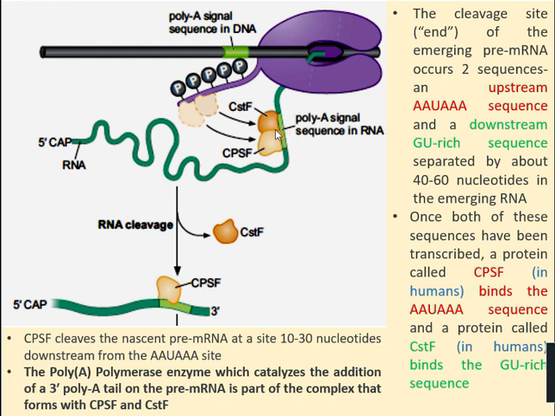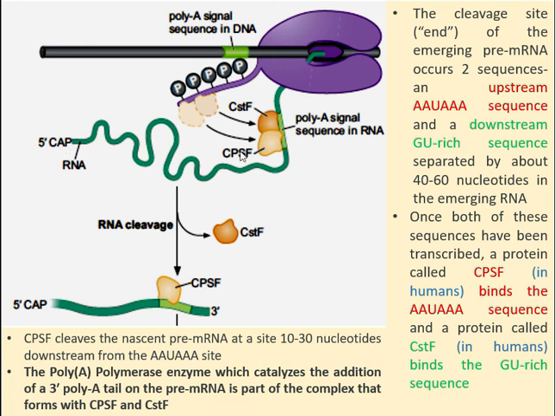They are also part of the machinery which is involved in adding the tail. We already discussed the mRNA formed will have a cap at the 5' end and a poly A tail at the 3' end.